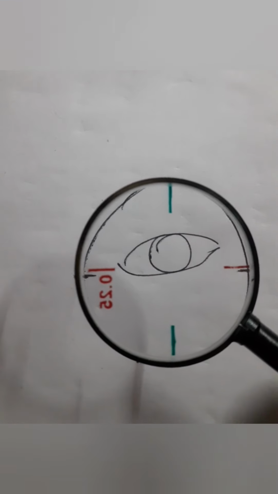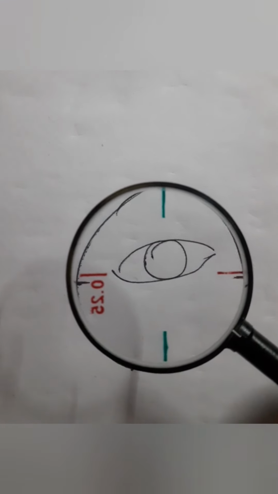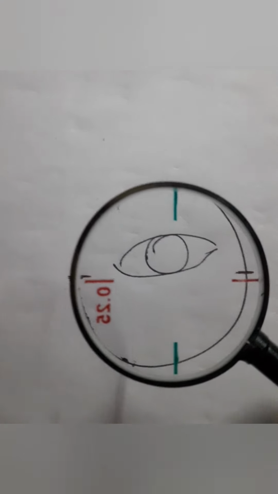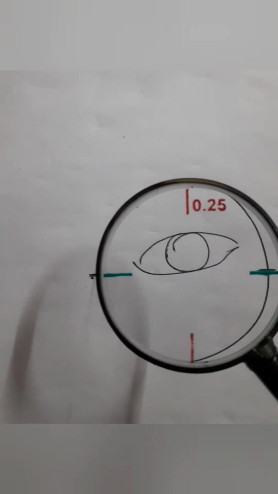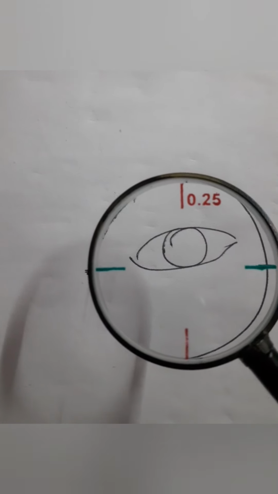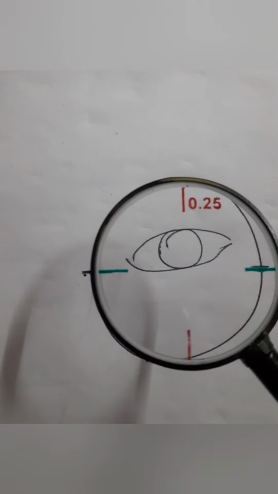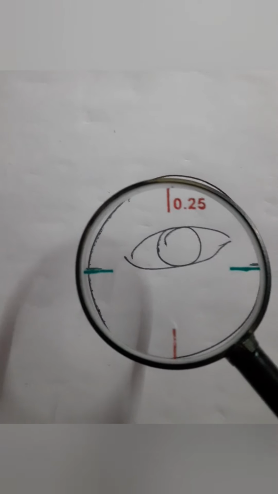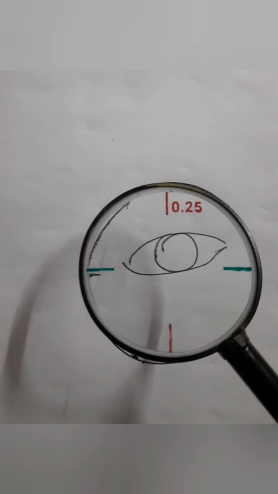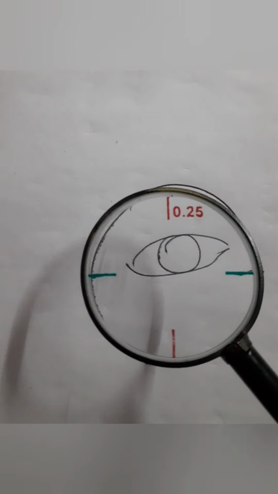So it will be minus 0.25 or minus 0.5. And if the patient says that at position 2 the image is better, then it is plus, so you need to deduct 0.5 from the cylinder and then prescribe the patient that glass. Okay, so this is how you will do refinement of power.